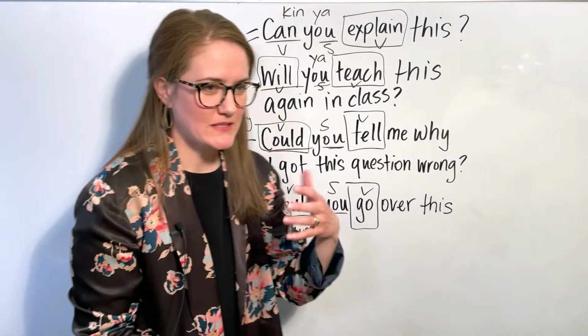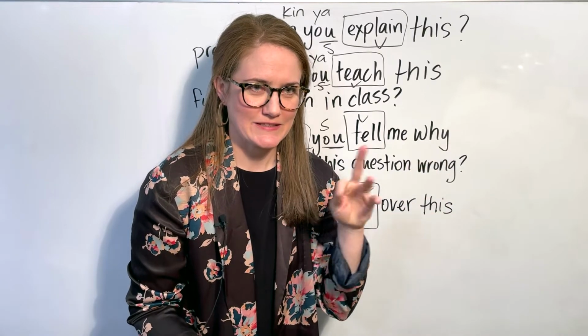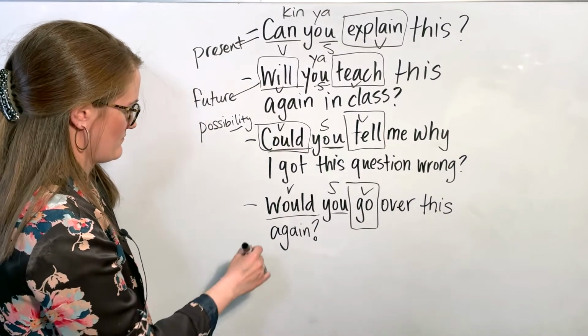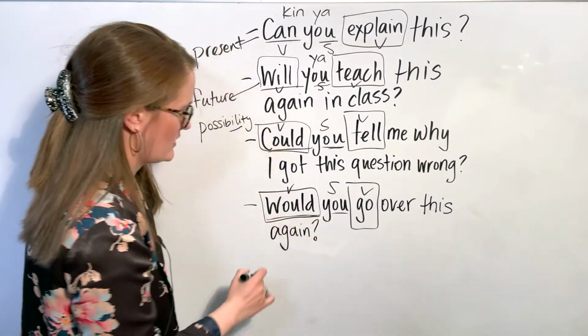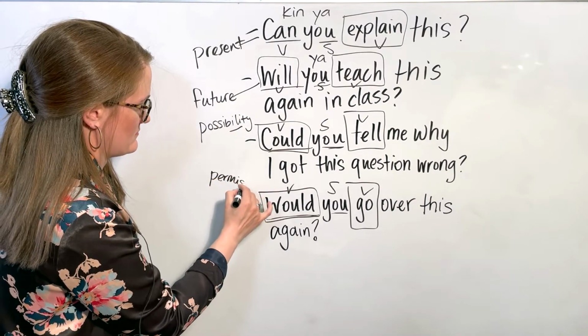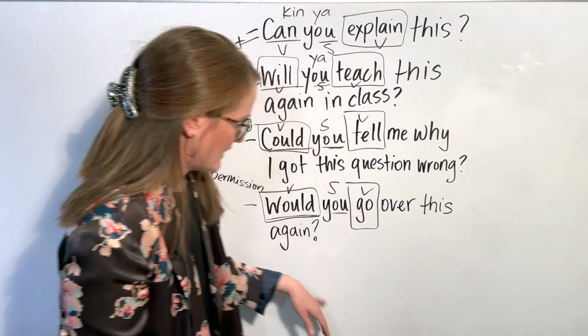And possibility is kind of present, kind of future. It's not super clear, it's just possible, okay? And would you, right, is talking about permission. Would you go over this again?